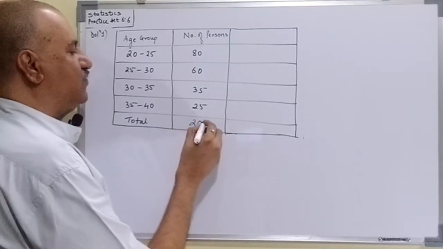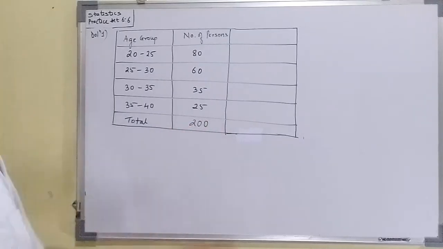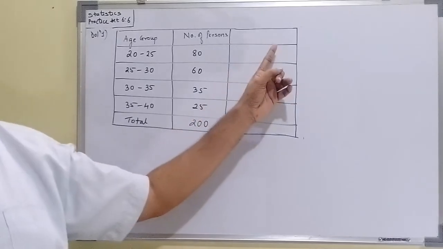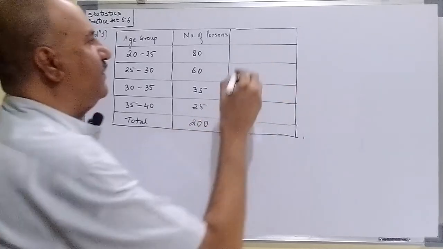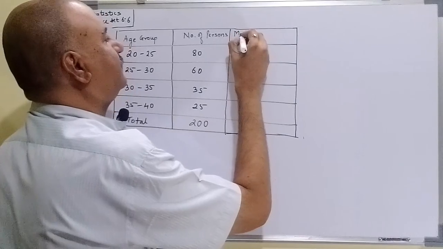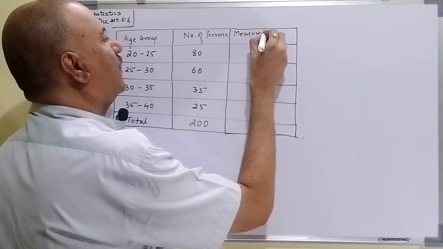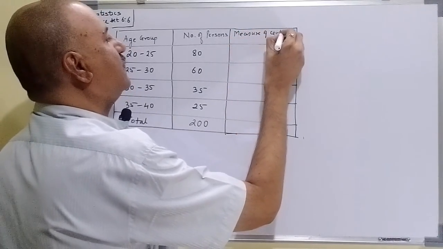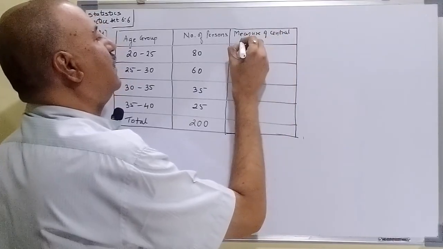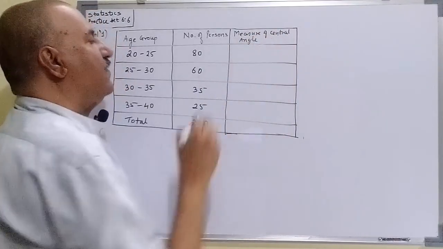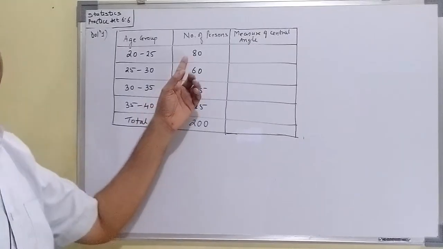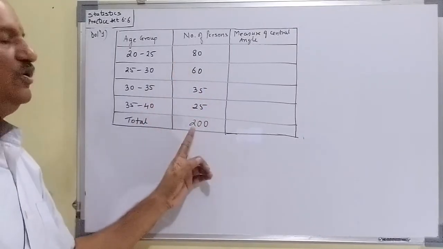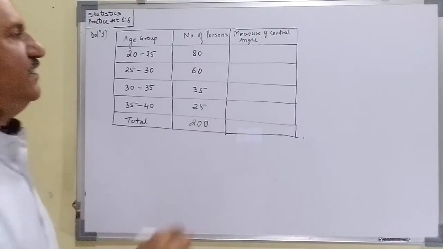So the total is 200. Now we have to find the third column, that is measure of central angle. This is number of persons upon total into 360.